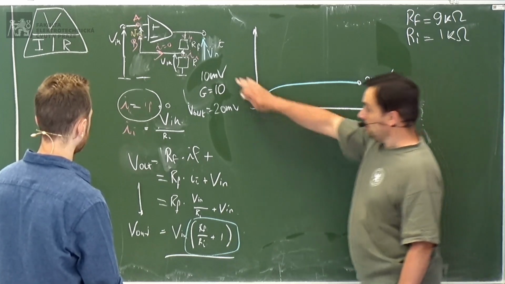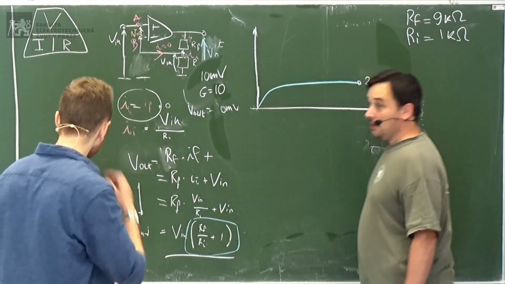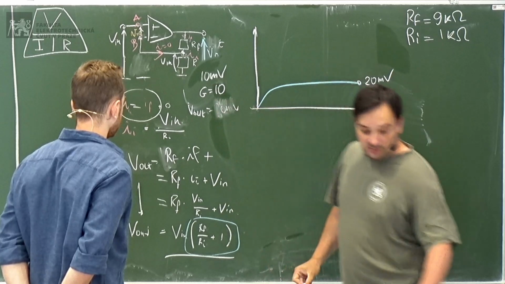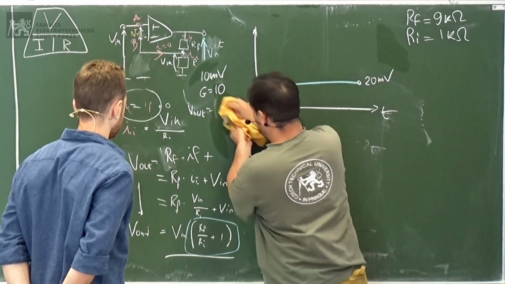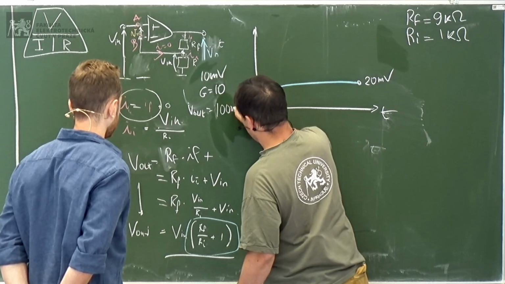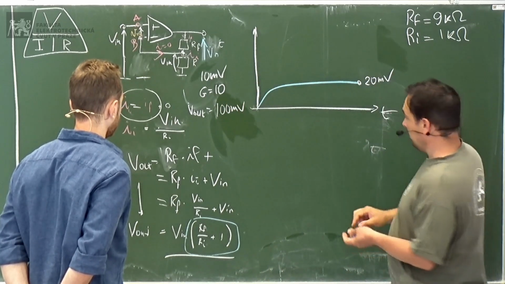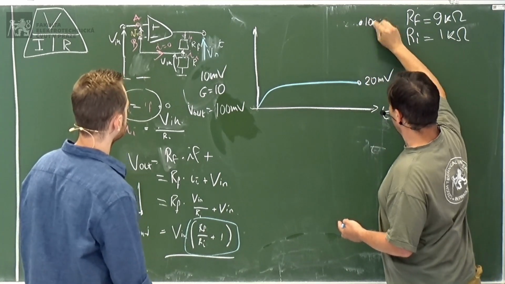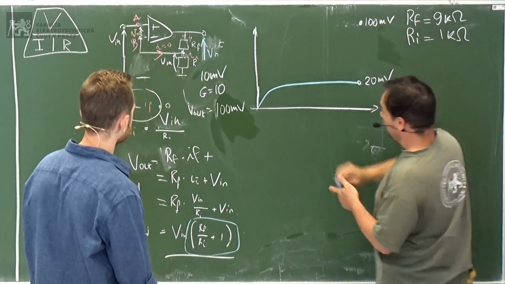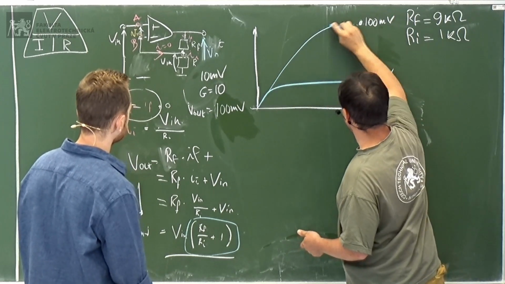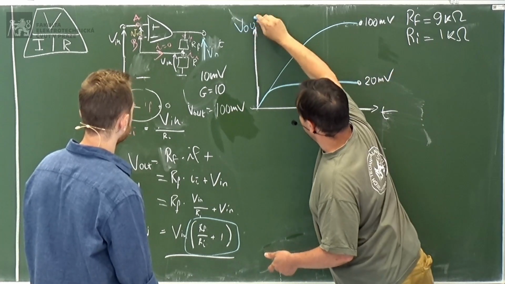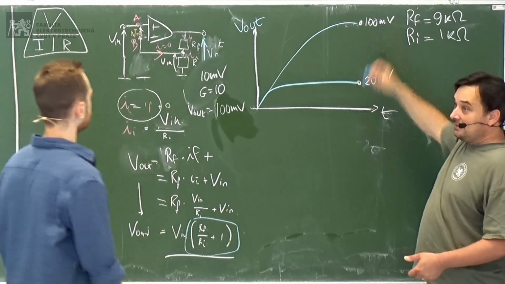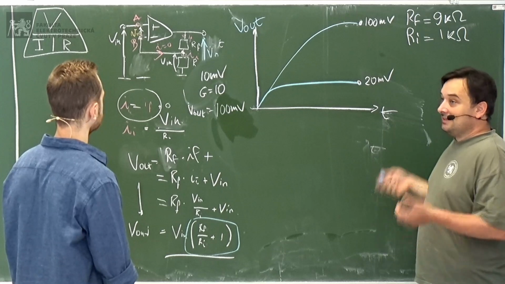So at the input you still have 10 millivolts, but now the gain is 10, so the output voltage will be 100 millivolts. Now we don't arrive at 20, but at 100 millivolts. The output voltage still rises with the same slew rate, because that's the speed of the amplifier.